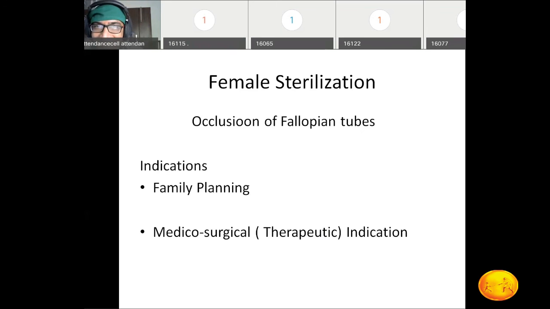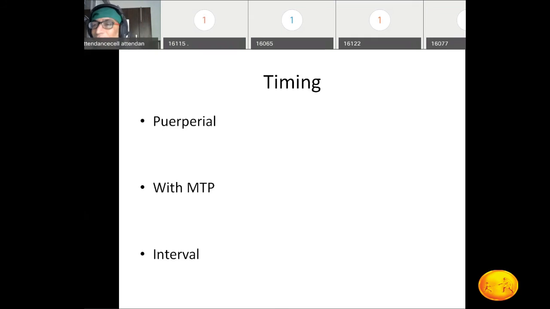Okay, next let's move. When can we offer her tubal ligation? Yes, the cases have been seen. You are correct.